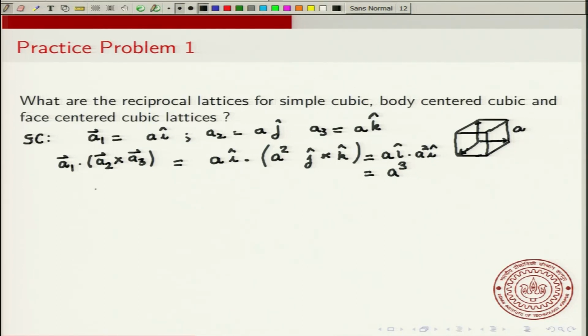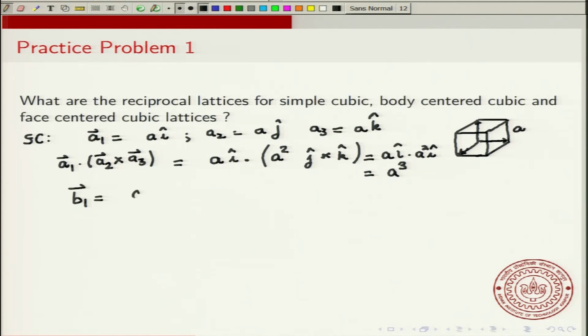And since we know all these cross products, A2 cross A3 is A square i.